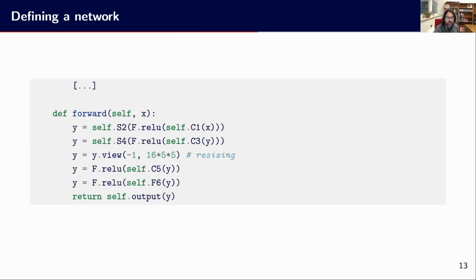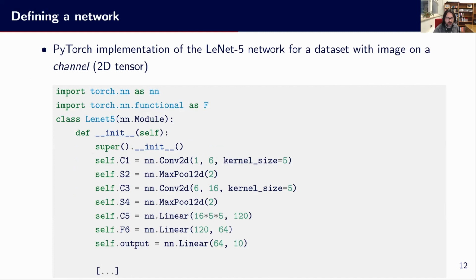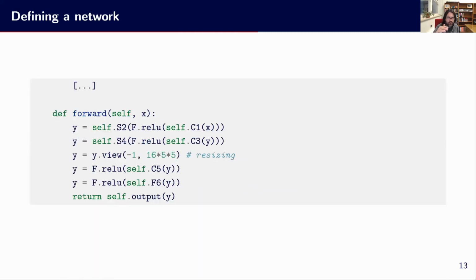When we do the forward, it's not just about this structure, but we also add the ReLU. So we are connecting C1 to S2, but having a ReLU in between, likewise for C3 to S4. Then we can resize the output of the different convolutions into a flat, more standard tensor.